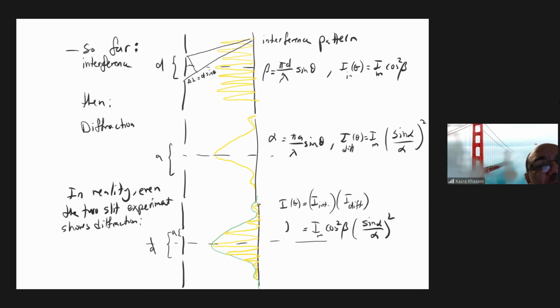So that's what you really see. This is really the correct form of intensity for two slits that produce not only interference, but each of those openings on its own produces a diffraction pattern.